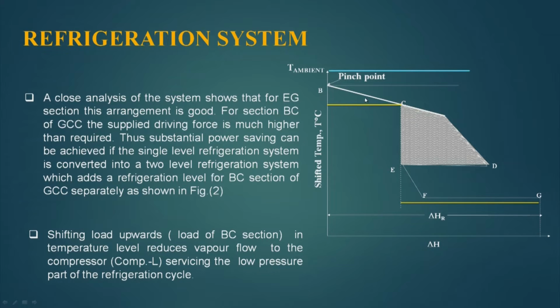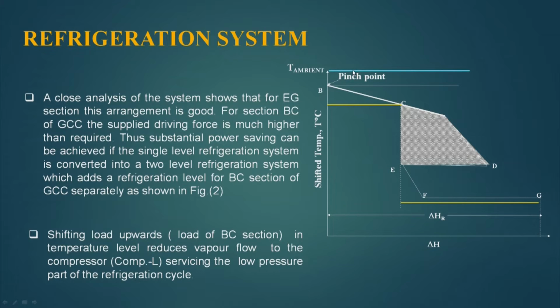So, it will take less energy to reject the heat, whereas it will take more energy to reject at this temperature, because the distance between these two temperature levels is far more than the distance between these two temperature levels. So, heat is being taken from here and rejected here.